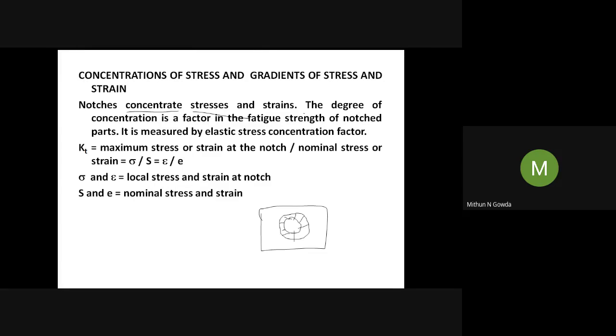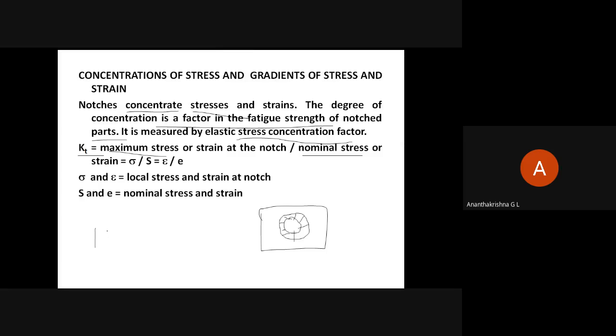Okay. So the degree of concentration is a factor of fatigue strength of notched parts. It is measured by the elastic stress concentration factor. We have learned in our engineering that the stress concentration factor is the ratio of maximum stress to nominal stress.